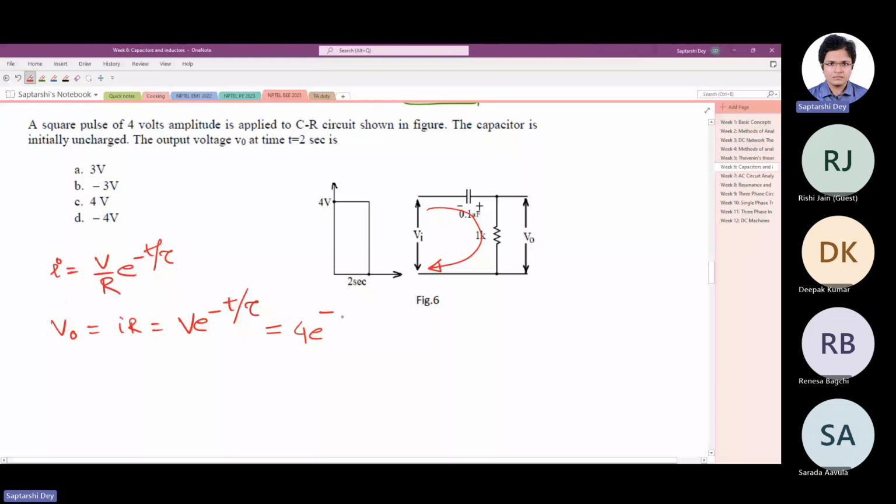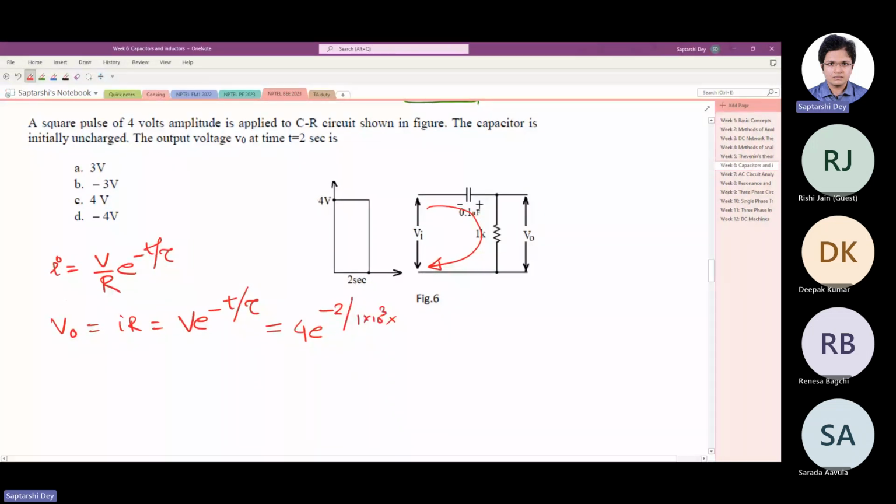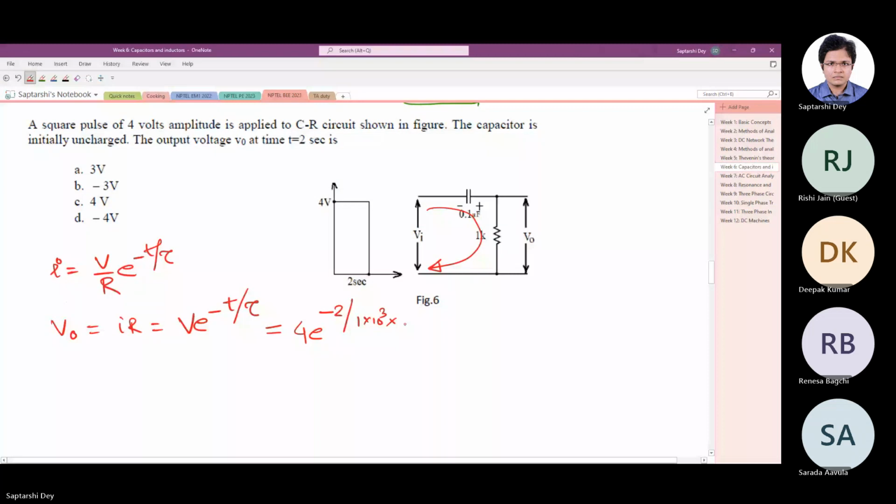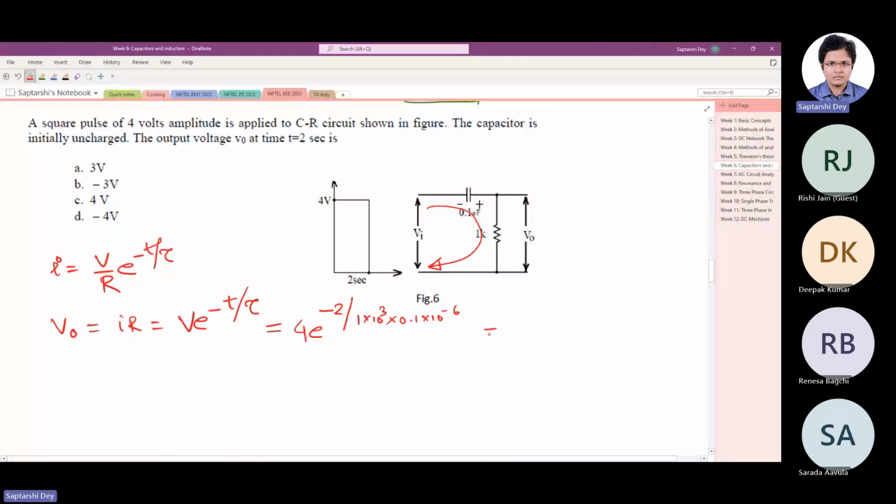R is 1K times C. Where is C? C there is 0.1 microfarad. Someone tell me the value, how much voltage is there, then we will show something else.